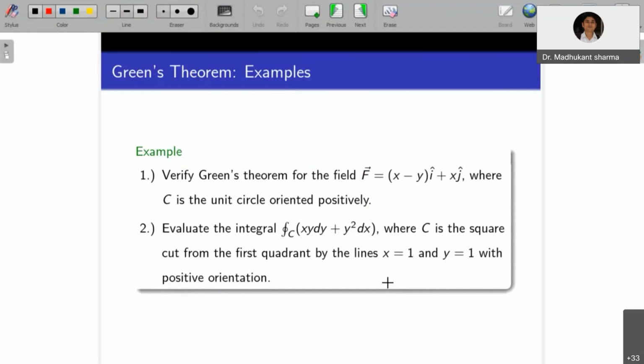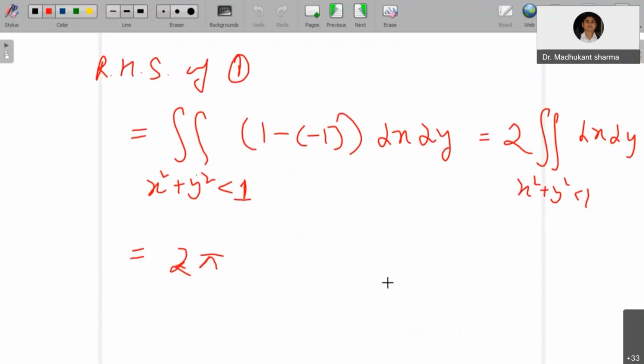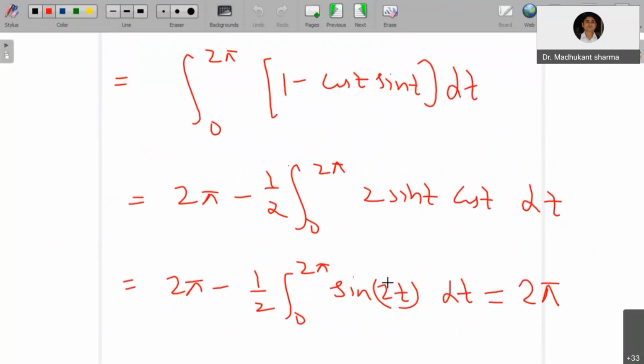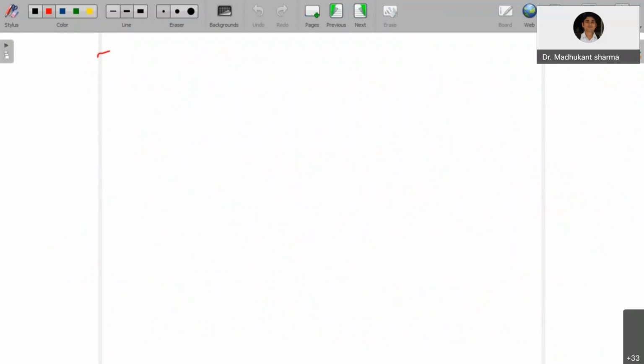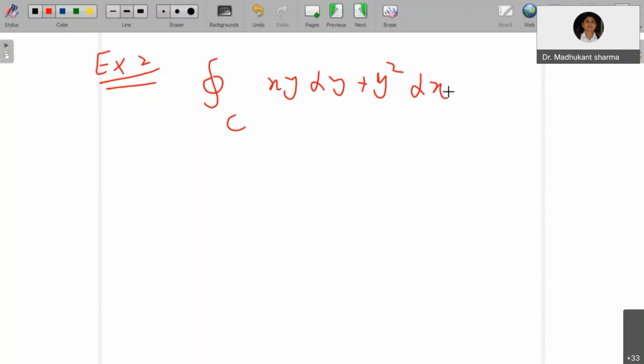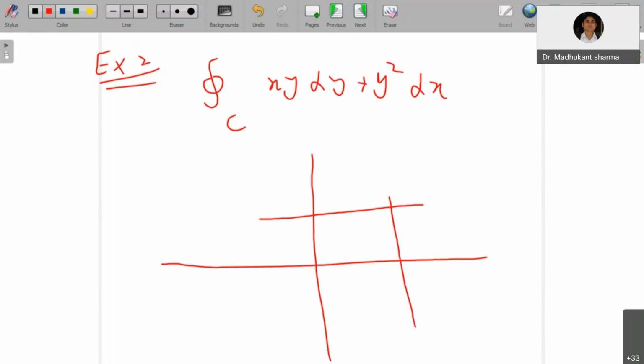So here also we can verify Green's theorem. The integral is xy dy plus y square dx, and C is the curve cut from x equals 1 and y equals 1.